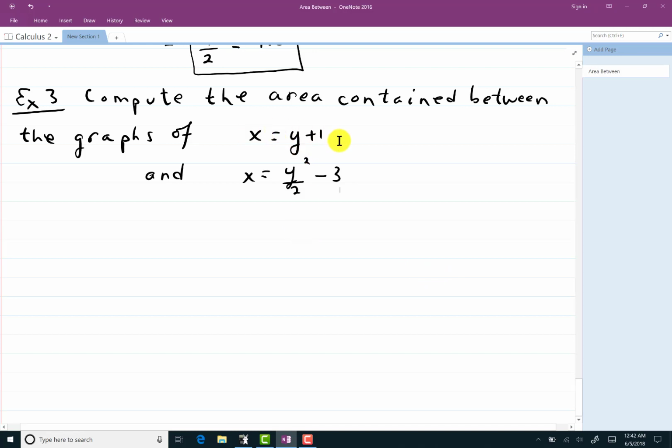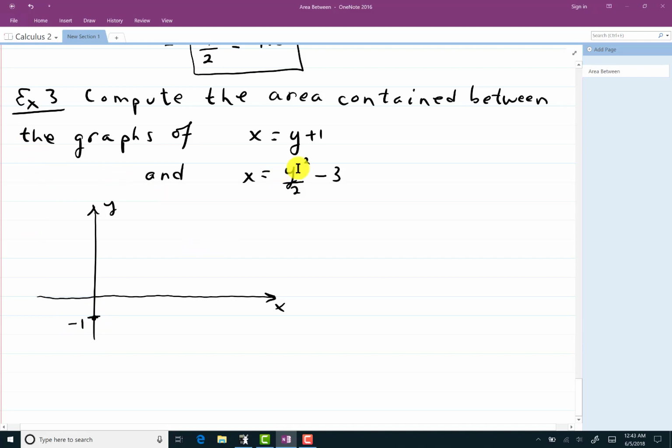Let's start with x equals y plus 1. You can easily solve for y and get y equals x minus 1, but let me just show you some of the thinking I have. Down here I'm not going to solve for y. Treat this as a line, a linear function, and you can see that when y equals negative 1, x equals 0.